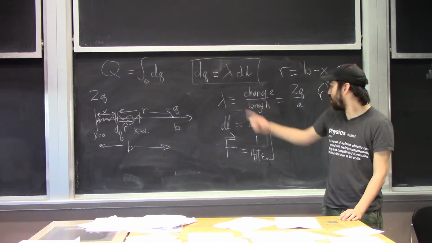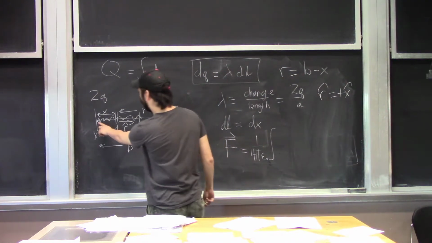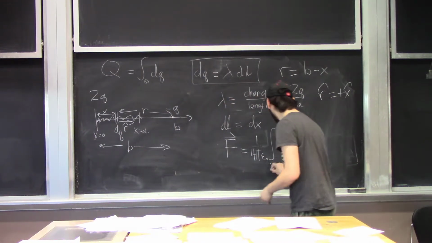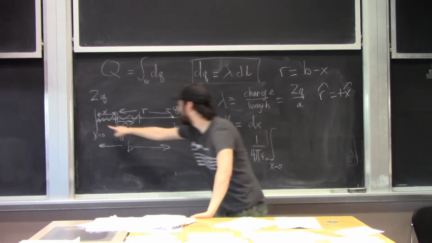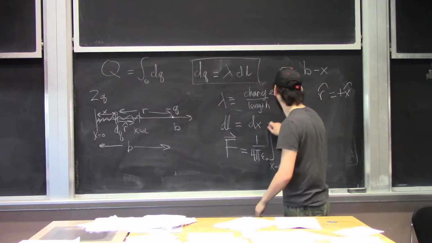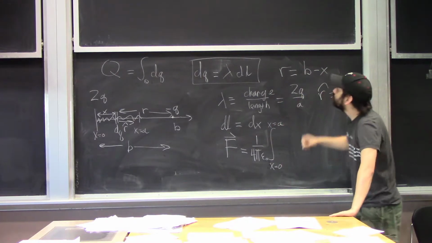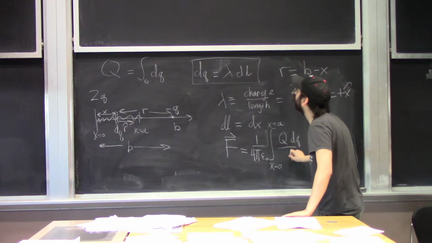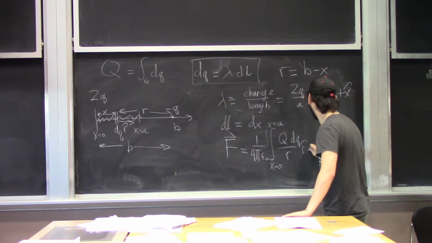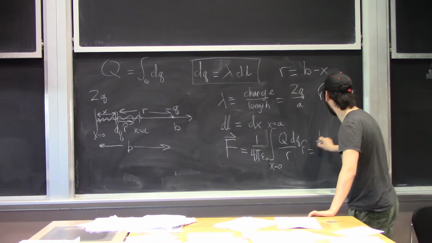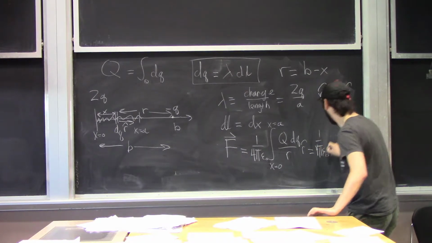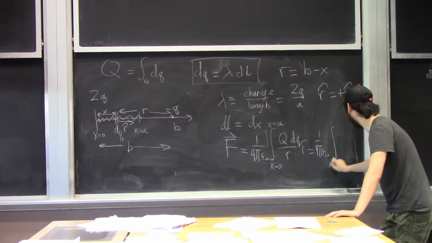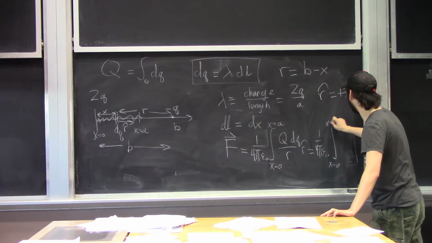So when we look at where the charge starts, that's going to be x is equal to 0. And where it ends is going to be x is equal to a. Okay, so then we have our integral of dq r hat over r squared, which is going to be equal to 1 over 4 pi epsilon naught, from x is equal to 0 to x is equal to a.